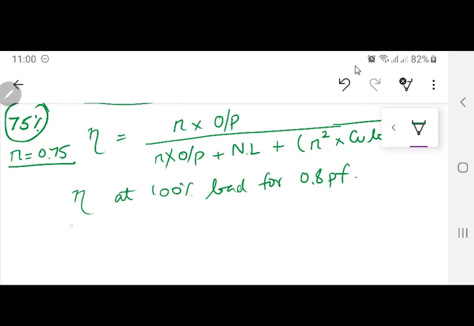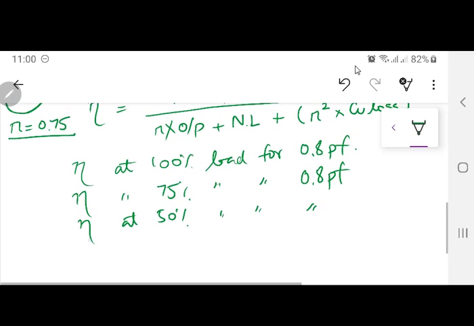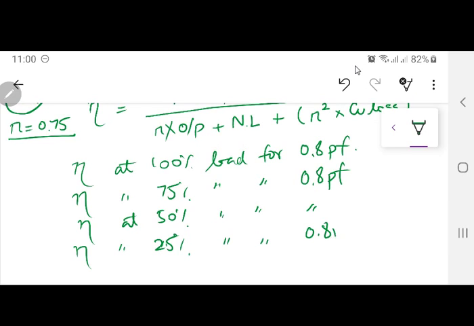Then you will do the same for 75% load, 50% of the load, and 25% of your load at 0.8 power factor. So this means that you are finding out 8 different efficiencies.